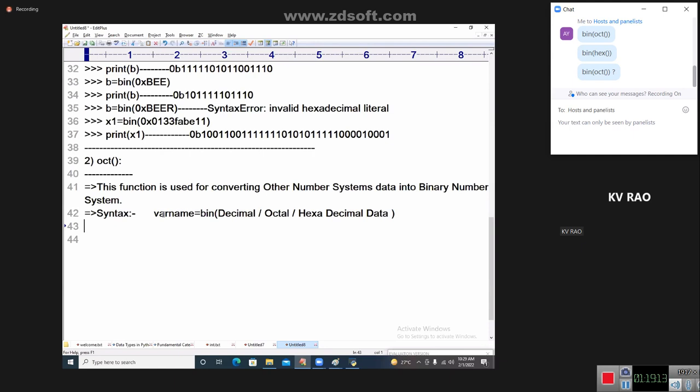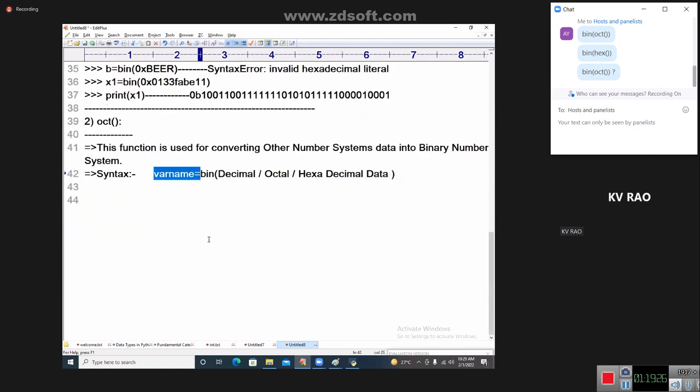Somebody is asking, sir, can I write it directly without this extra variable name? Sudarshan, if you want, you can, but this is my advice. Without variable names, I cannot teach you, because I want to use this value in some other program. How can I use it otherwise? Don't go out of the coverage area.